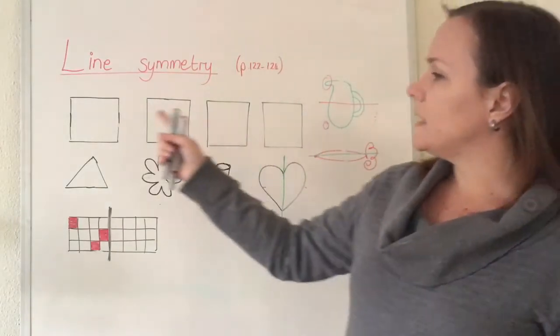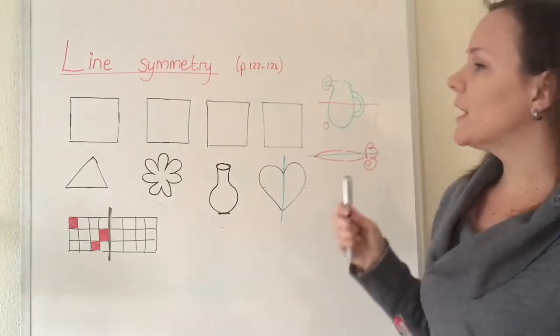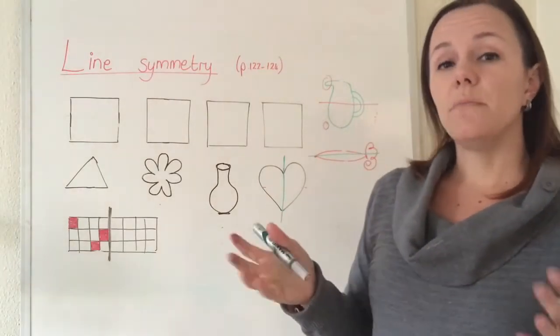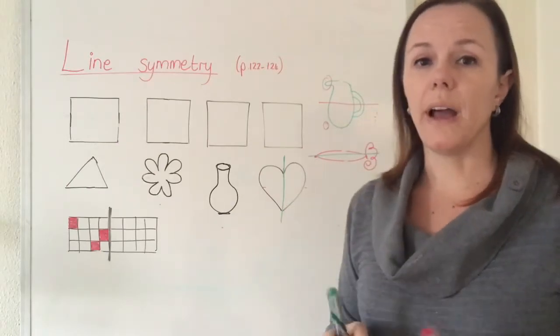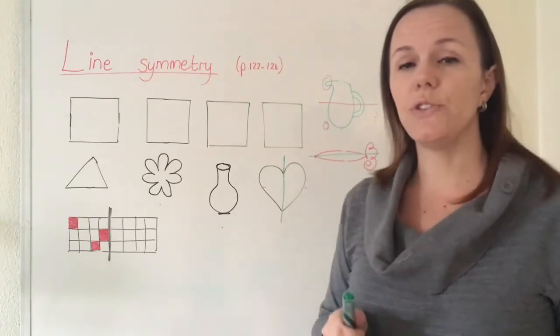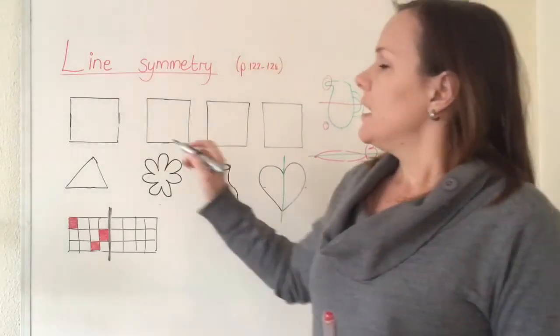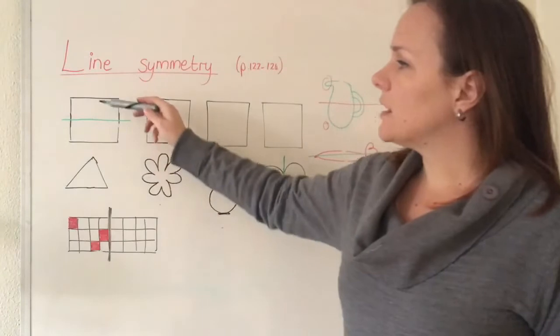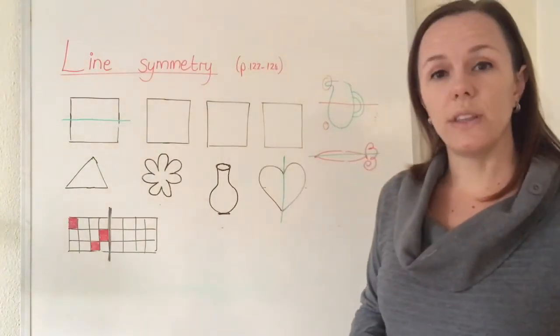Now, if we look at these squares at the top, I want to show you that some shapes are symmetrical in more than one way. You can draw the line of symmetry in different ways. So if I draw a line in the middle here, the top half and the bottom half look the same.